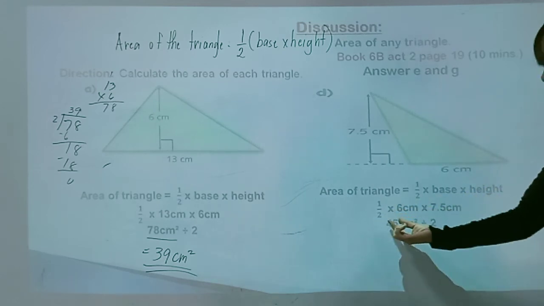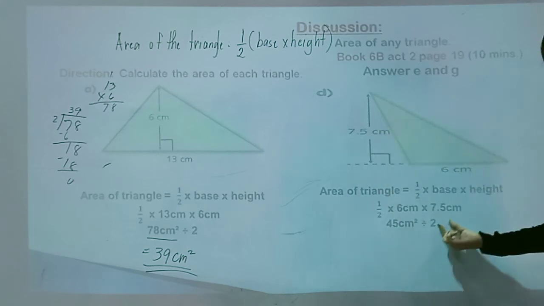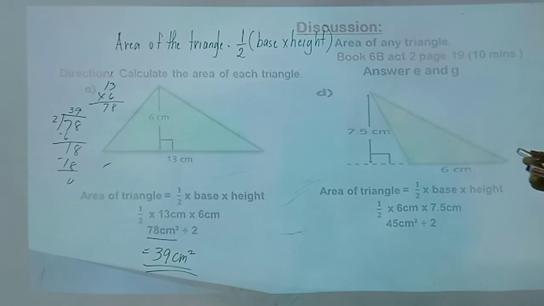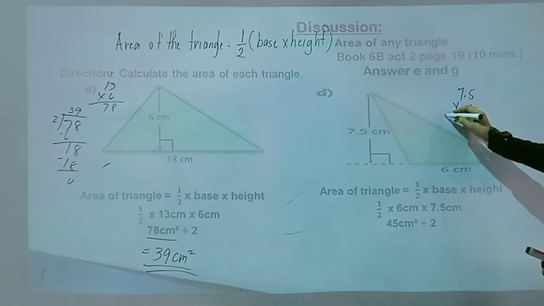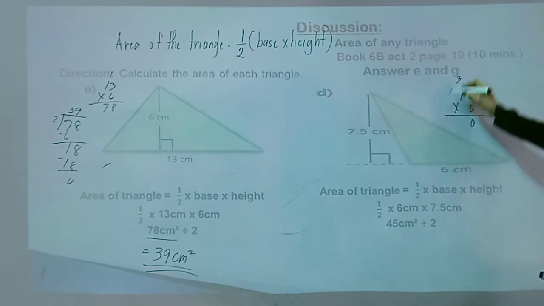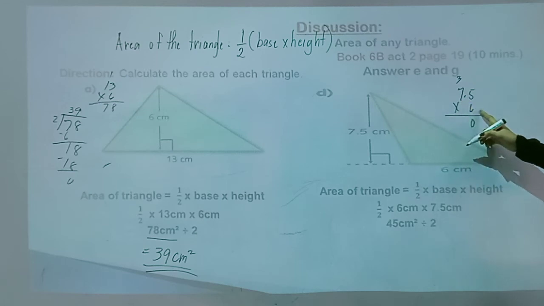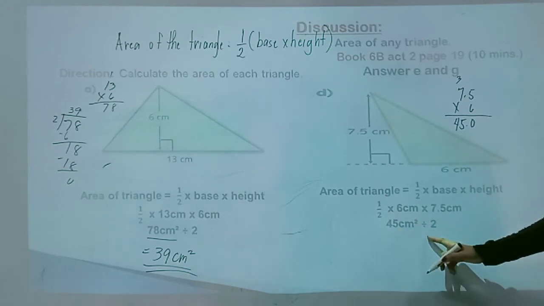So 1/2 times the base is 6 centimeter and times the height is 7.5 centimeter. Okay, let us multiply. 7.5 times 6. 5 times 6 is equal to 30. Carry 3. 7 times 6 is 42 plus 3 is 45. How many decimal point? 1. Therefore, this is 45 centimeter squared divided by 2.